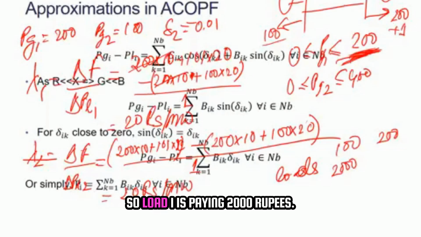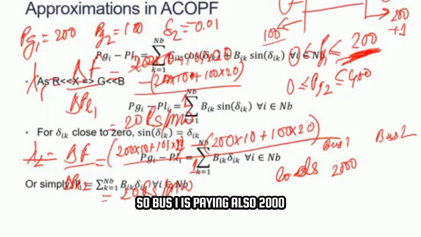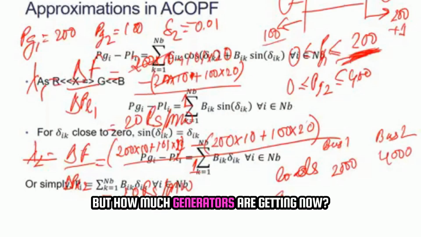So bus 1 is paying 2000, and bus 2 is paying 4000, because 20 into 200 is 4000. But how much are the generators getting now?